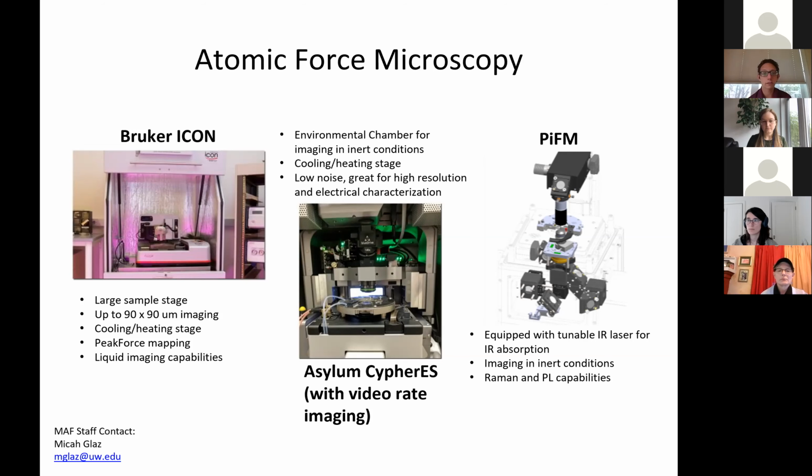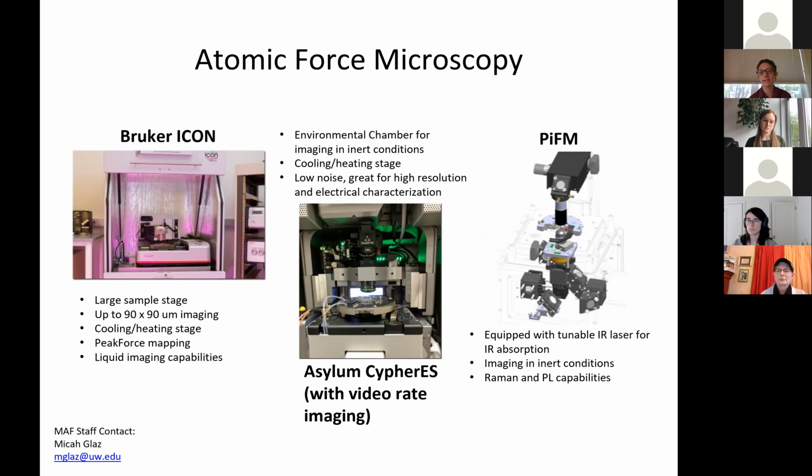Those are really useful techniques with the Cypher. On top of that, we now also have video rate imaging, so you can image at a few frames per second, which is a very high rate for AFM. You can even watch, say, a DNA strand wobbling around the surface, or a cell moving around the surface.